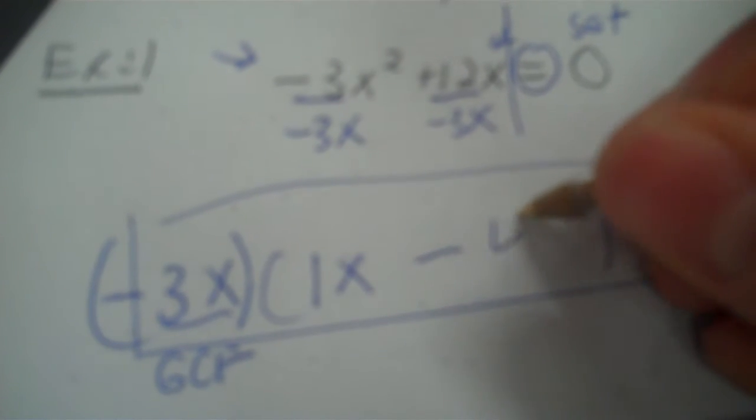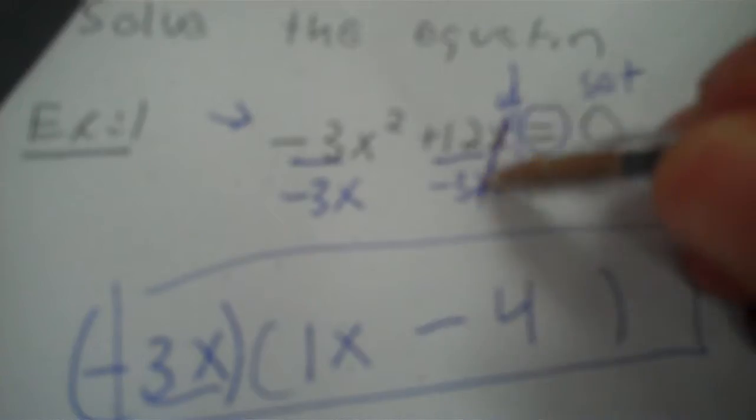Okay, so negative 3x is my GCF, so I need to go up and divide these two by negative 3x. So that's 1. To divide x second by x, you put 2 x's, and you will still have an x alongside your 1. Positive 12 divided by negative 3 is negative 4, so I put minus 4 because it was negative.